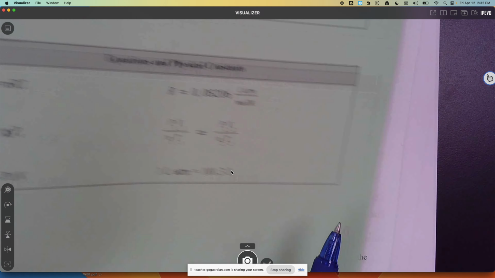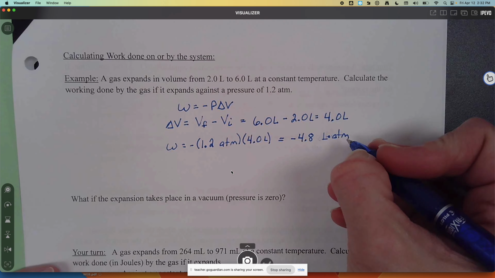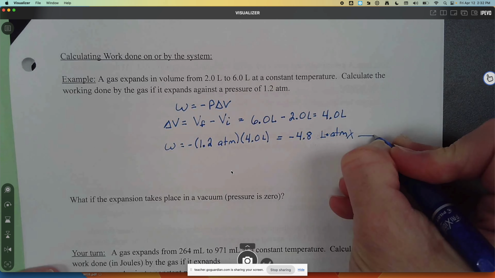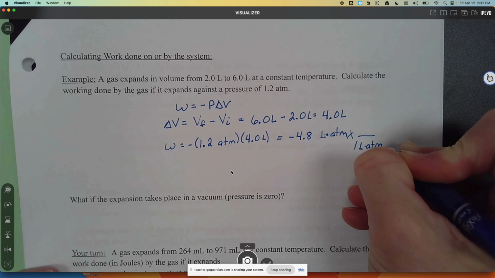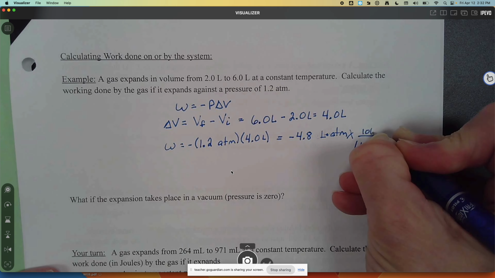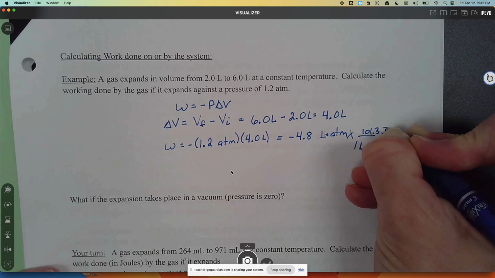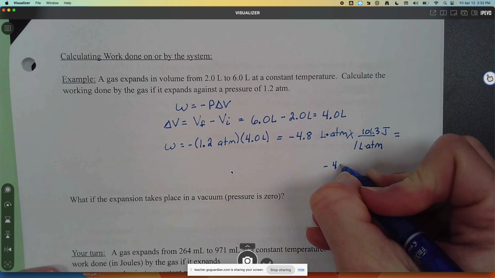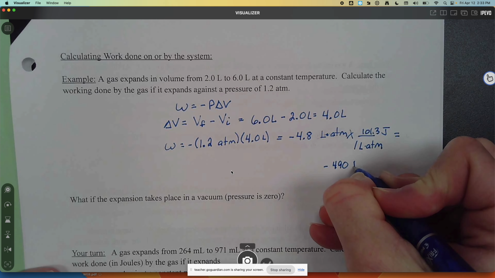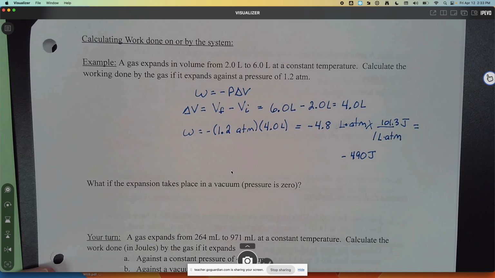Aha, we can get ourselves to joules. One liter atmosphere is equal to 101.3 joules, or negative 490 joules.